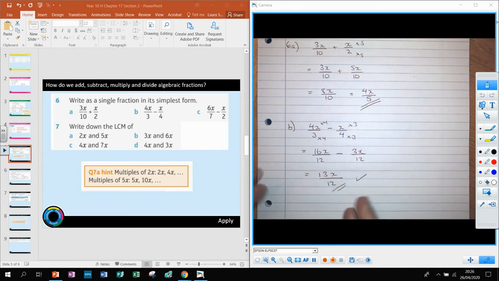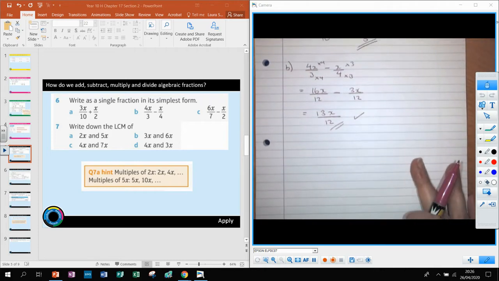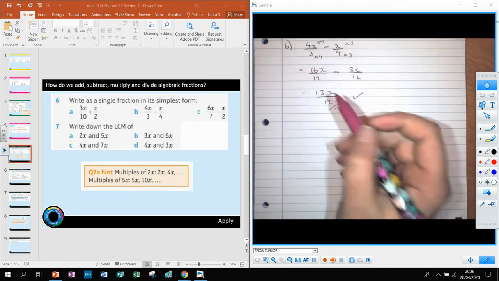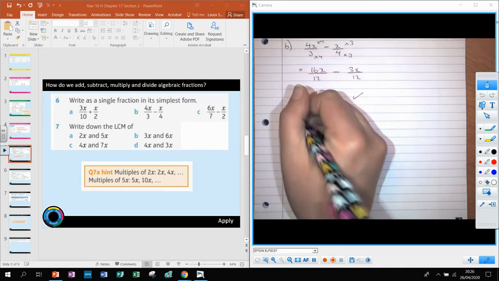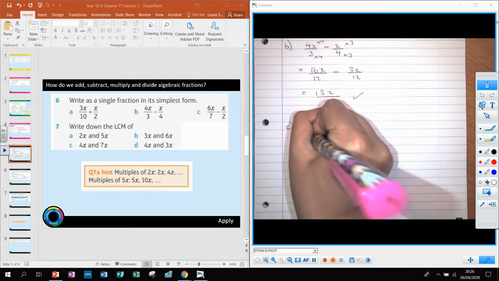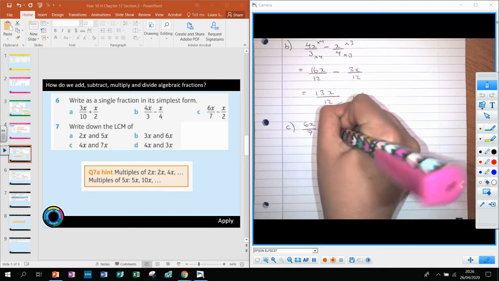Now, you might be wondering, can't I just divide out the 12? Well, no, we don't want to do that because this doesn't say 12x. So we can leave that as our final answer. There's no need to make a mixed number there. You can't.